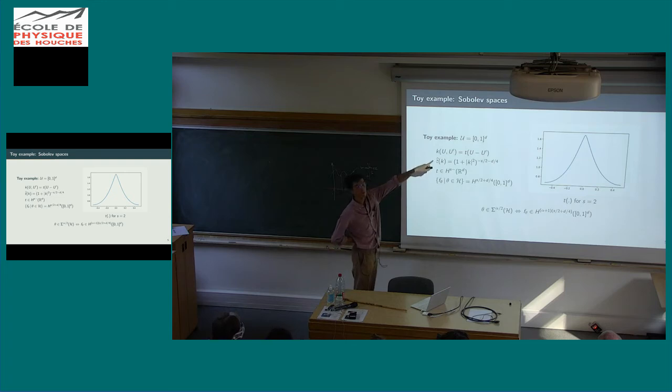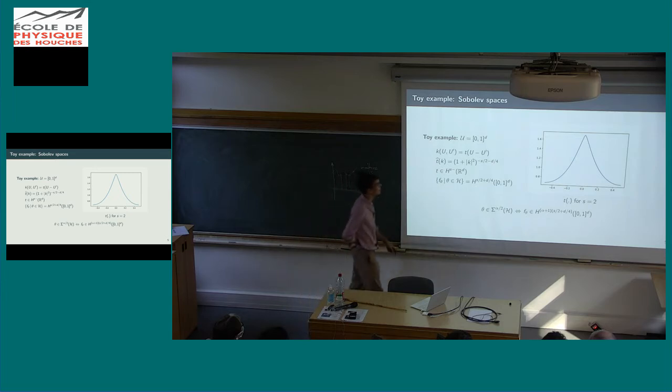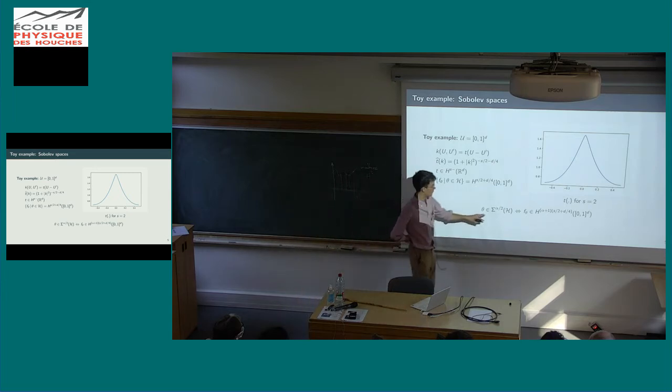I take back u equals 0, 1 to the power d. I have my bump function. I control how spiky it is. Do we need the covariance of it? Yes, phi of u doesn't usually help. We need the covariance of the features. What you can compute is what are the functions corresponding to thetas in sigma alpha over 2 of H.